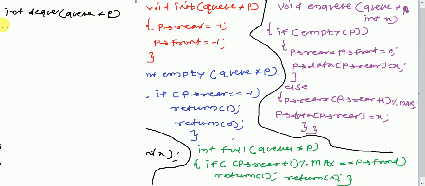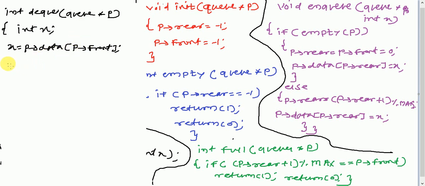So now here we'll see the x which I want to return, and you can say here x is equal to P of data of P of front. Okay, so that is very important because we are deleting a front element.